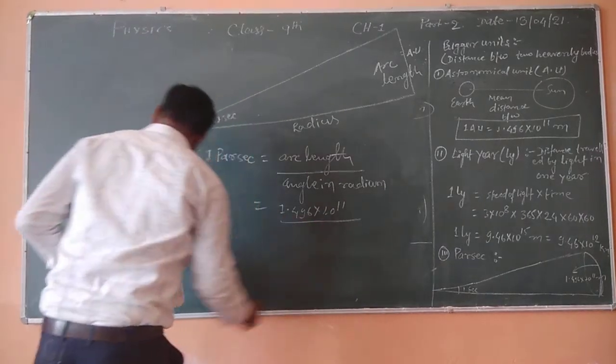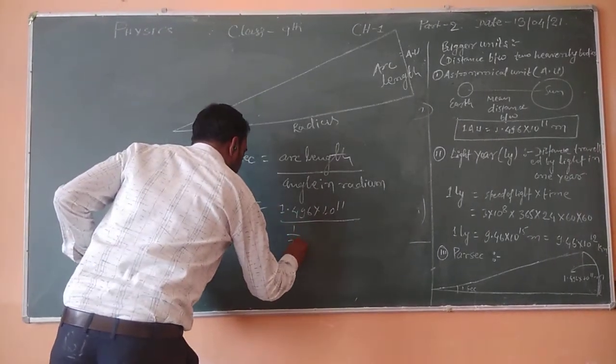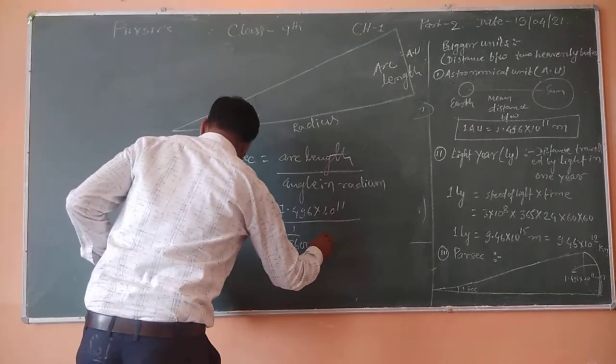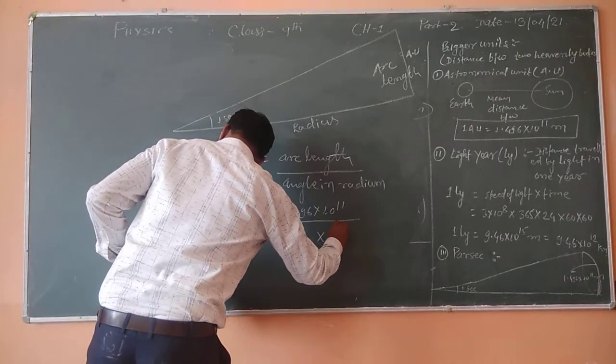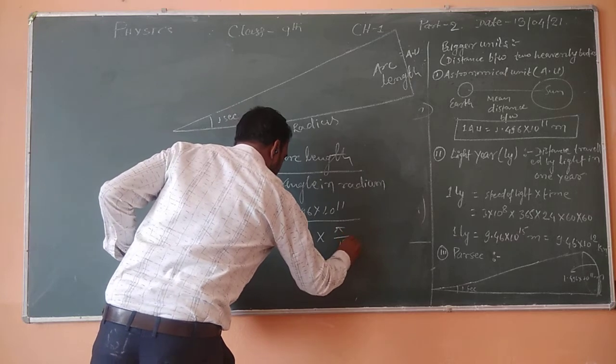That is calculated by 1/3600 into pi upon 180, that is in radian.